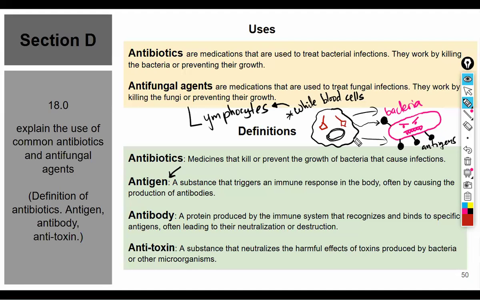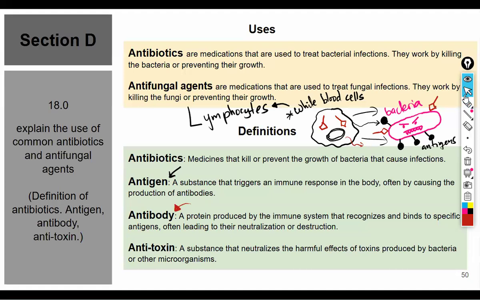It will make these diamond things and send them out, and these diamond things will attack this particular bacteria. So the thing that the white blood cell just made will kill that specific bacteria. And you call that what? An antibody. So white blood cells make specific antibodies to kill that specific bacteria.